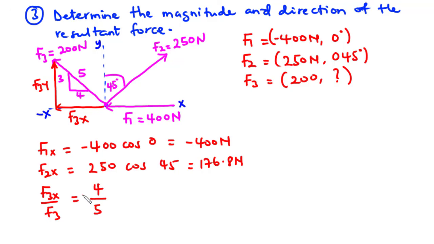So we have negative 4 over 5, and then F3x is equal to negative 4 over 5 times F3. Now F3 is 200 newtons. So negative 4 over 5 times 200 is equal to negative 160 newtons.